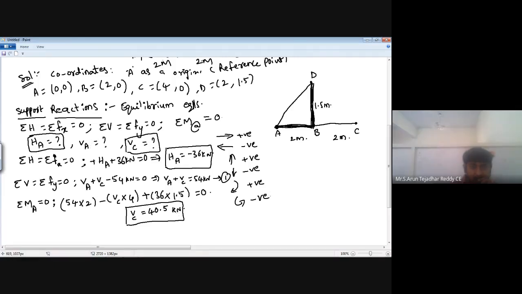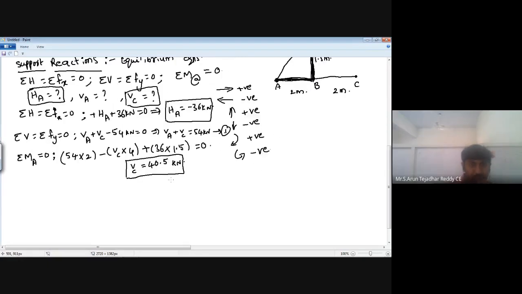It's very simple now. VC we can substitute in equation number 1, then we'll get the other unknown value, that is VA.